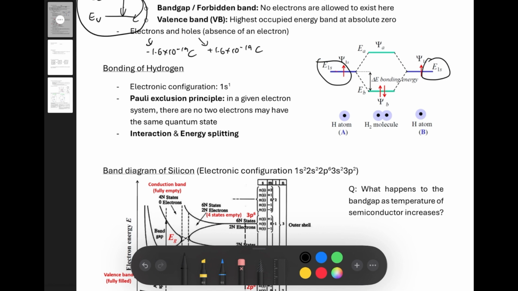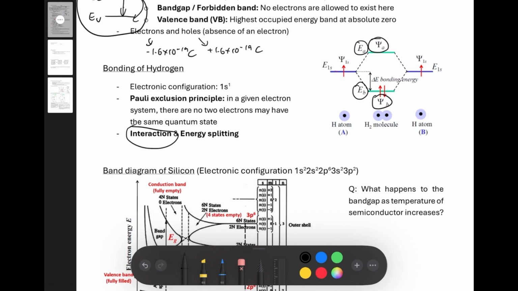And then once they come closer to each other, because of the Pauli exclusion principle, which states that in a given electron system, no two electrons may have the same quantum state, the 1s wave functions will interact to form wave function A and B, which is here and here. These wave functions A and B contain energy of EA and EB respectively.